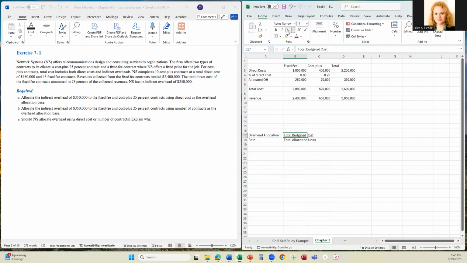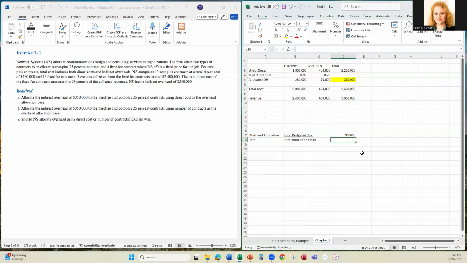And that's going to get you an allocation rate. Okay. So in this case, we have total expected costs here in terms of overhead, because this is what we're allocating here, right? This overhead cost. So we've got $350,000 here. That's going to be our total budgeted cost. And we're going to take that and we're going to divide it by the total number of contracts.